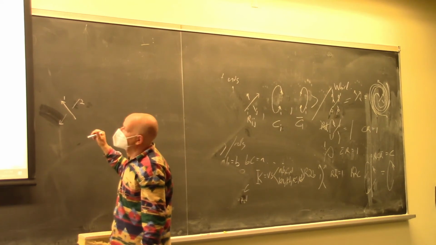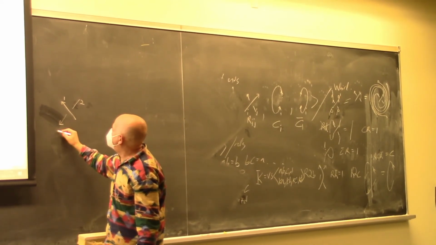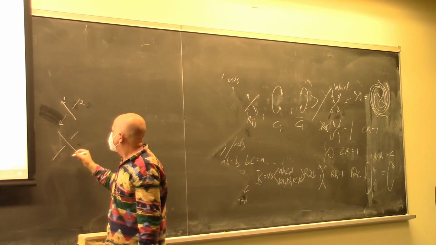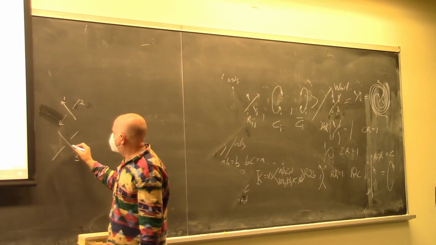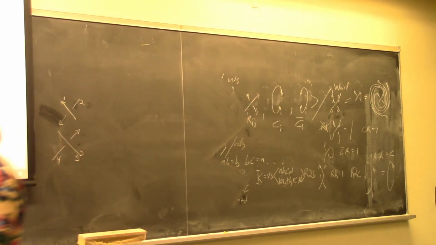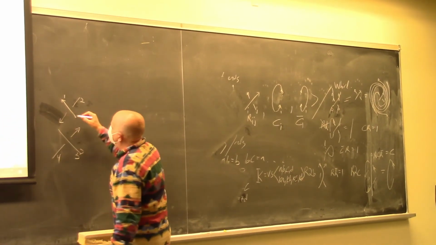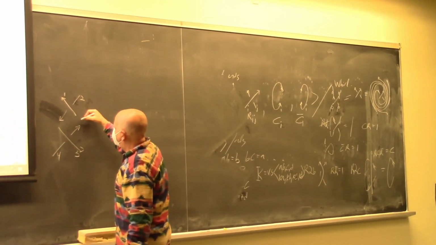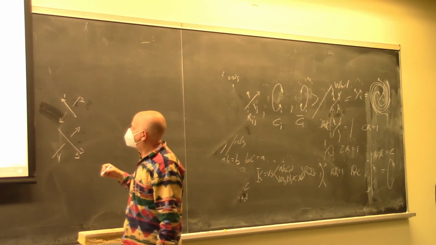And then 3 is above 4 in a negative crossing. So 3 is above 4, and this is a negative crossing. And I am stitching 1 to 3 and 4 to 2. Because that's a positive crossing, right? It's a positive crossing. The 3, 4.